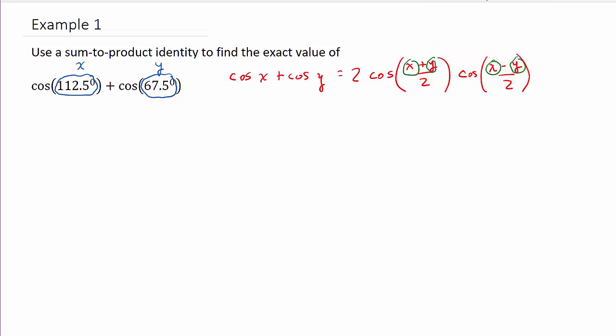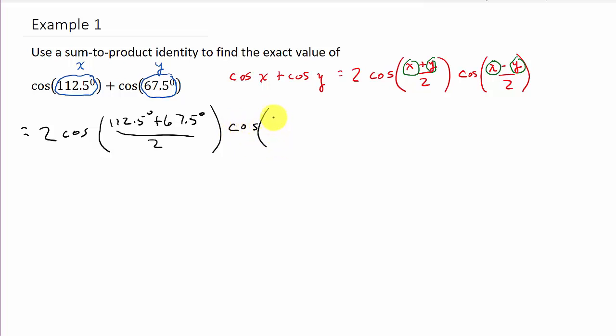So this is going to be 2 cosine of (112.5 plus 67.5) over 2 times cosine of (112.5 minus 67.5) over 2.